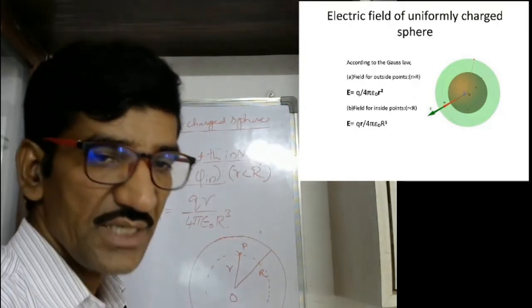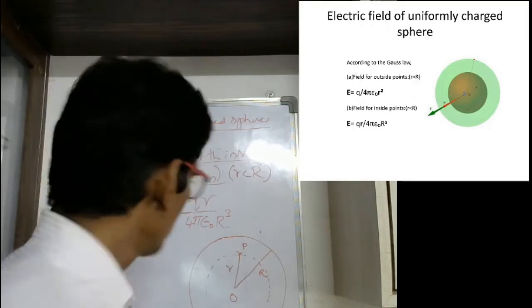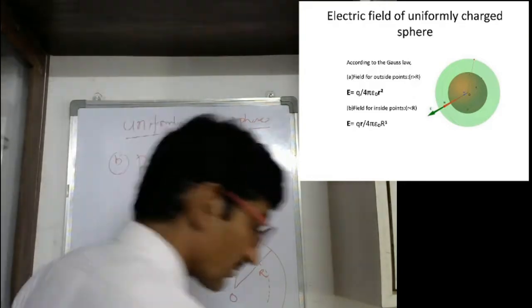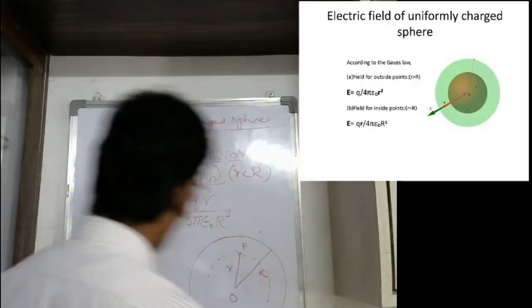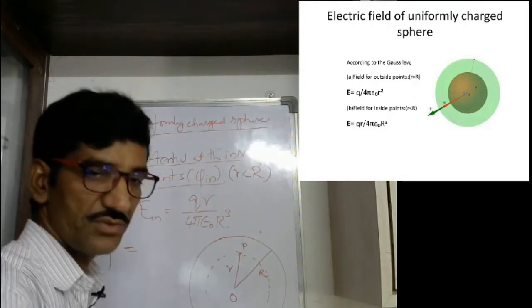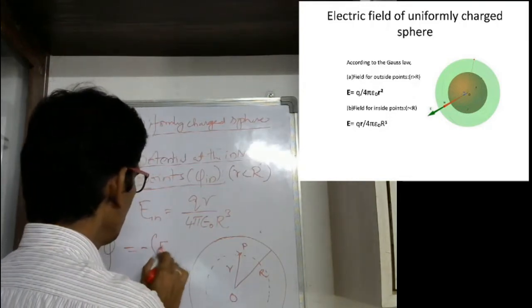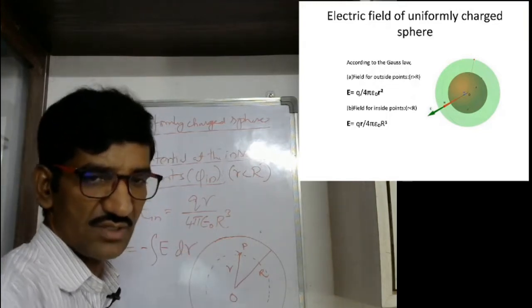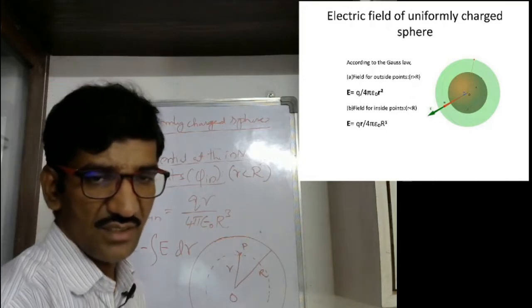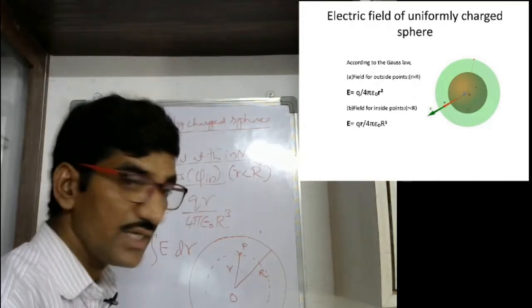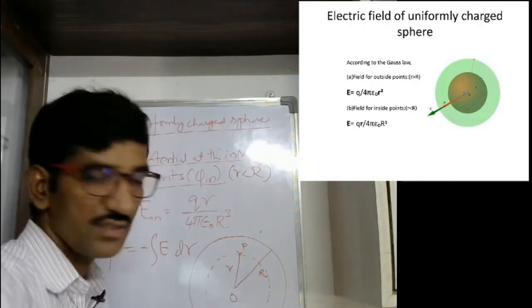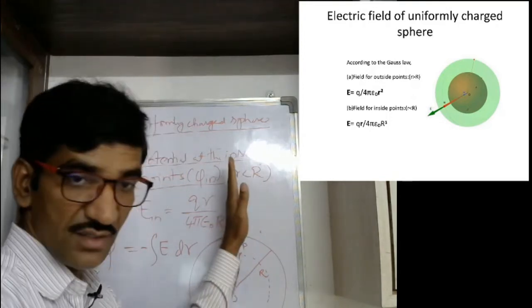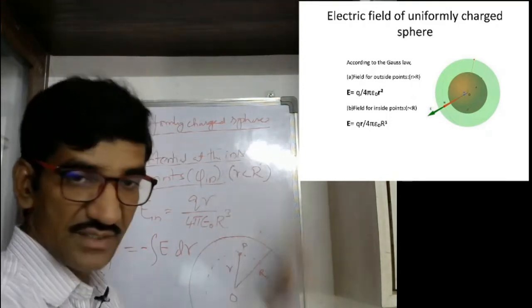Now, what formula do we have to use here? The relation between potential and field. I will write the general formula here: E is equal to minus gradient of phi, so phi is equal to minus integral of E dot dr. But in this case, the angle between the field and dr is 0, because r is directed in this way and the field is also directed in this way.